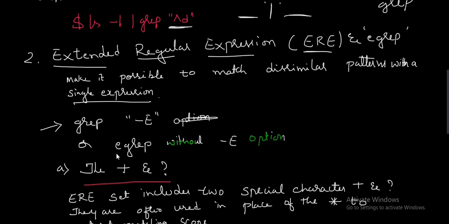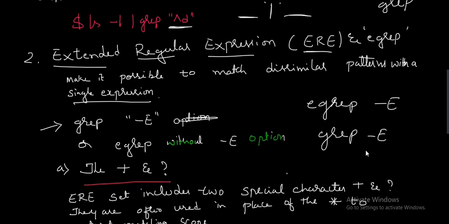Another method is that you can directly use egrep. If you are using egrep, it does not require the minus E option. If you are using grep, then you use minus capital E. It is not small case e. Small case e has a different meaning, which we have already discussed: when you want to match multiple patterns you use minus e.